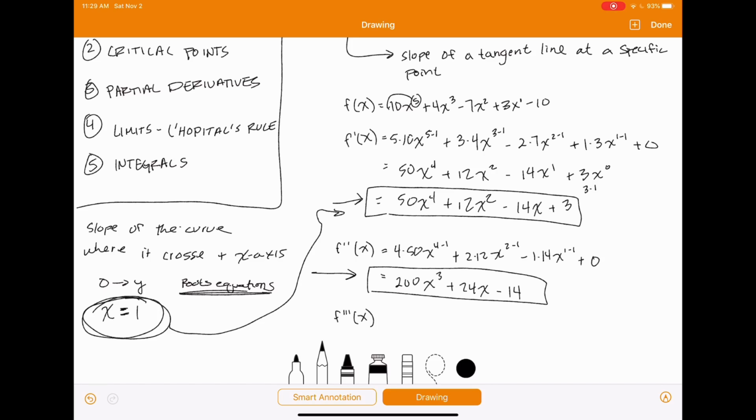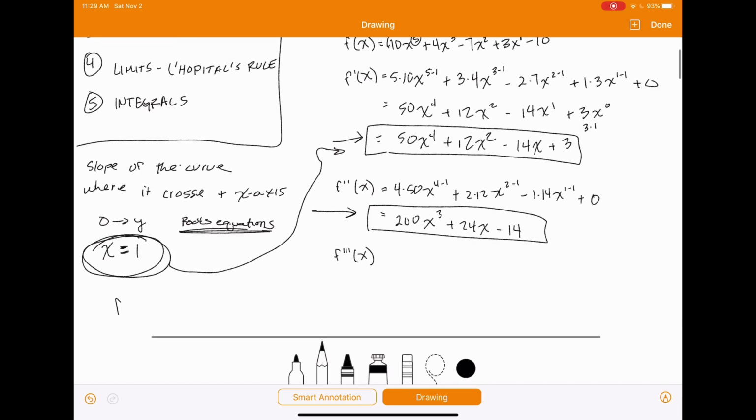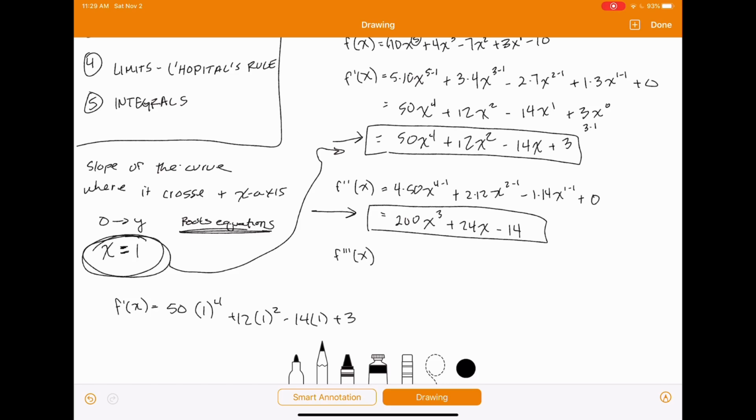So we're going to get f prime x equals 50 times 1 to the 4th plus 12 times 1 squared minus 14 times 1 plus 3.